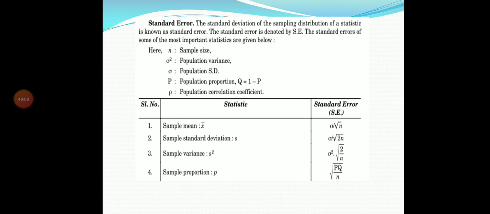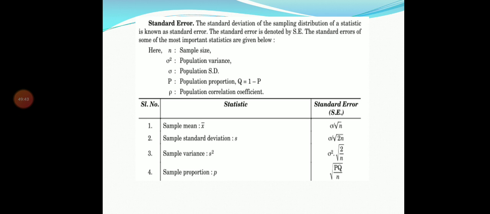I am writing here the statistic and its standard error for four statistics. If the statistic is the sample mean x bar, the standard error is sigma by root n. For the sample standard deviation, the standard error is sigma by root 2n.